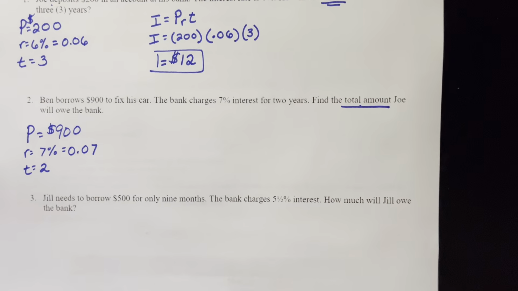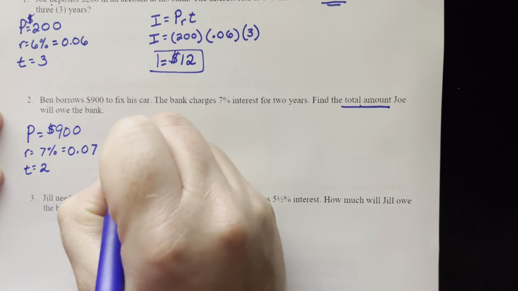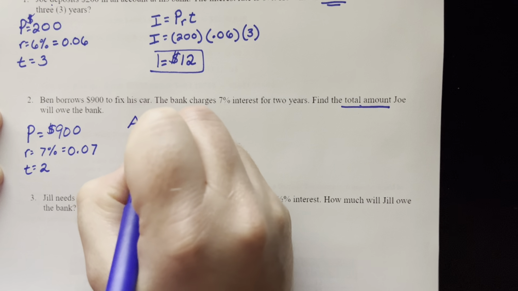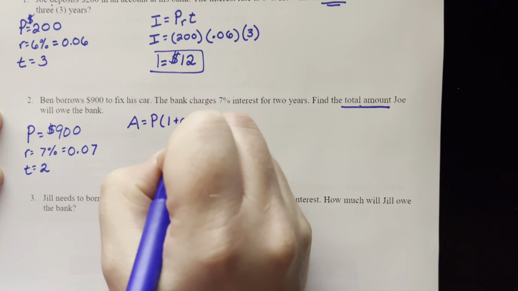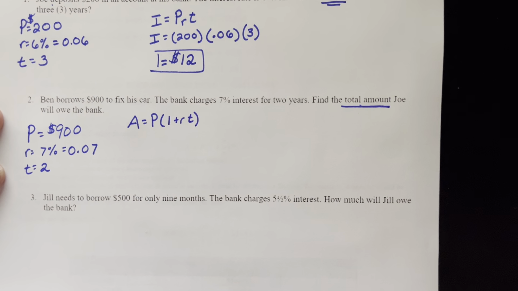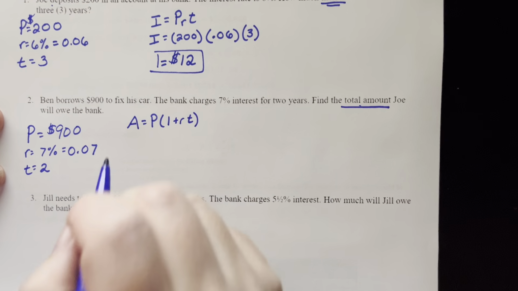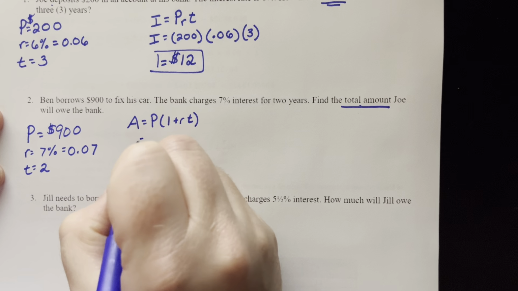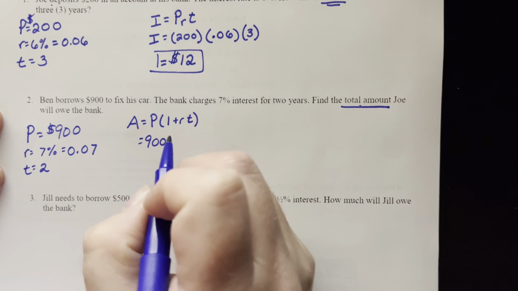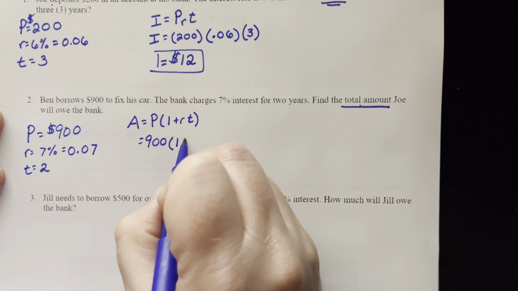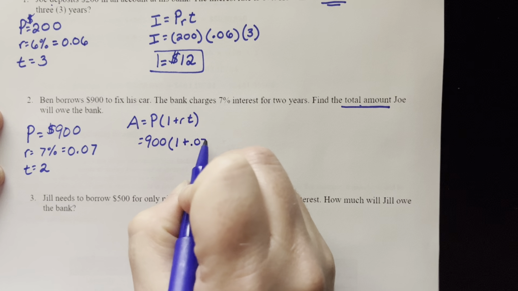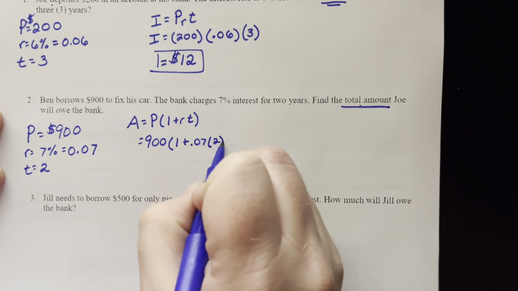Let's do the total amount first. So that formula was A equals P times 1 plus RT. So the amount would be $900 times 1 plus 0.07 times 2.